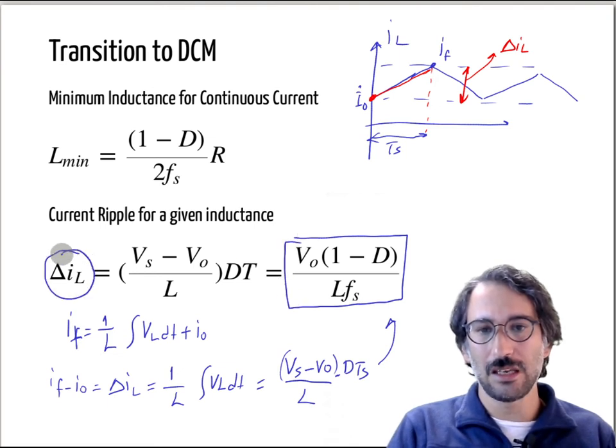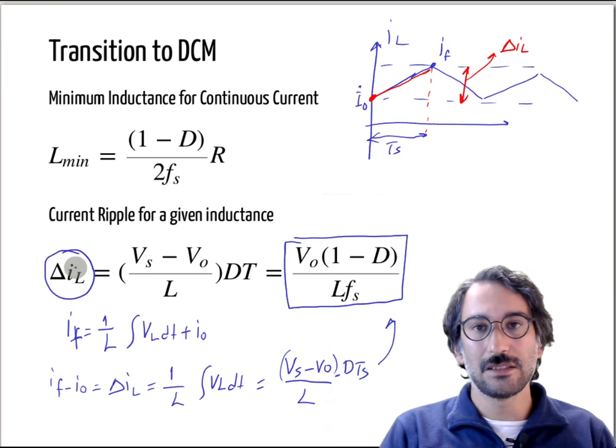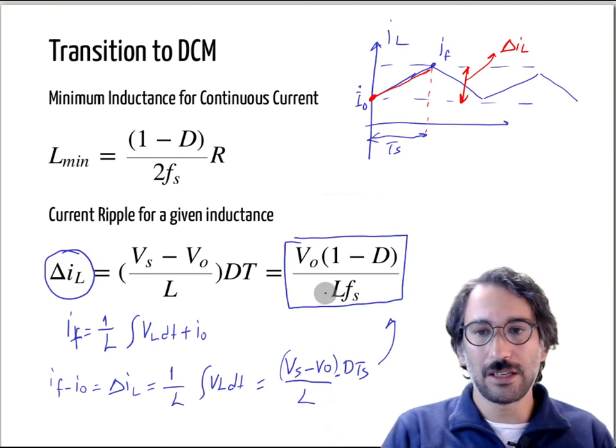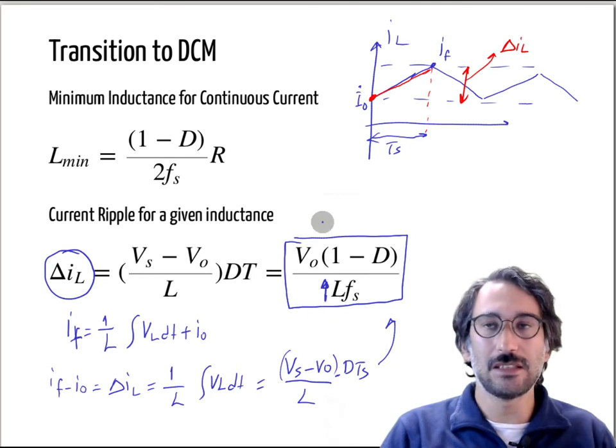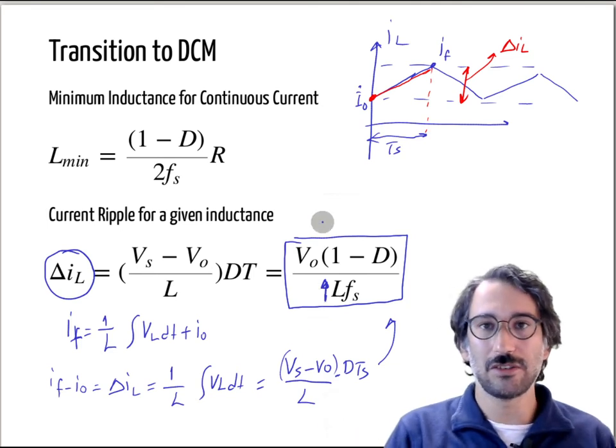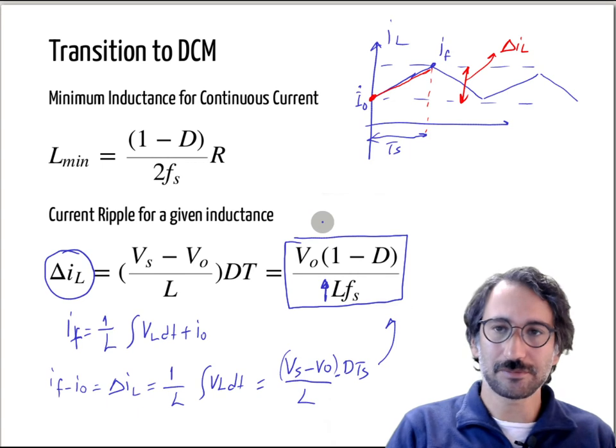So again, if you want to have a small ripple in your inductor, you can use a higher inductance. That makes sense. If you use a larger inductance, the current ripple will be less.